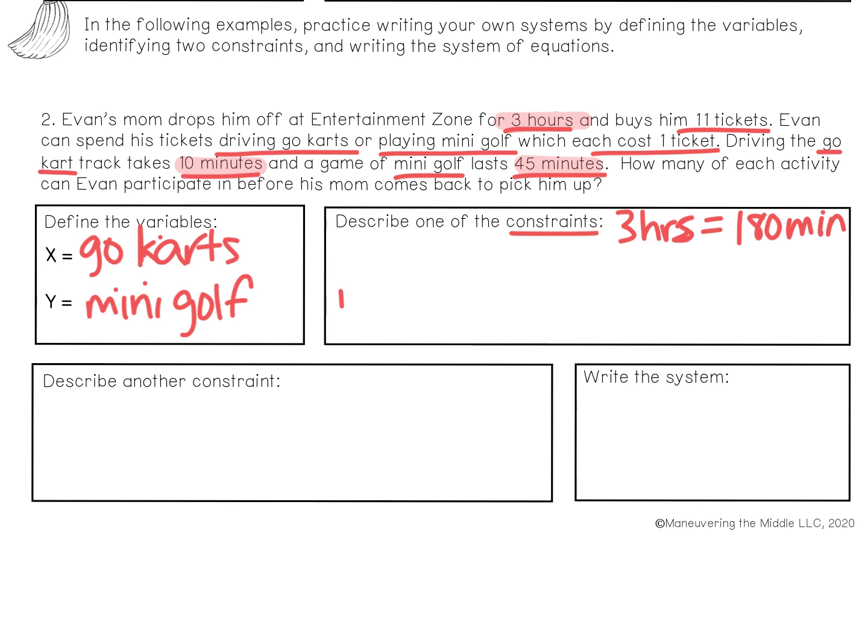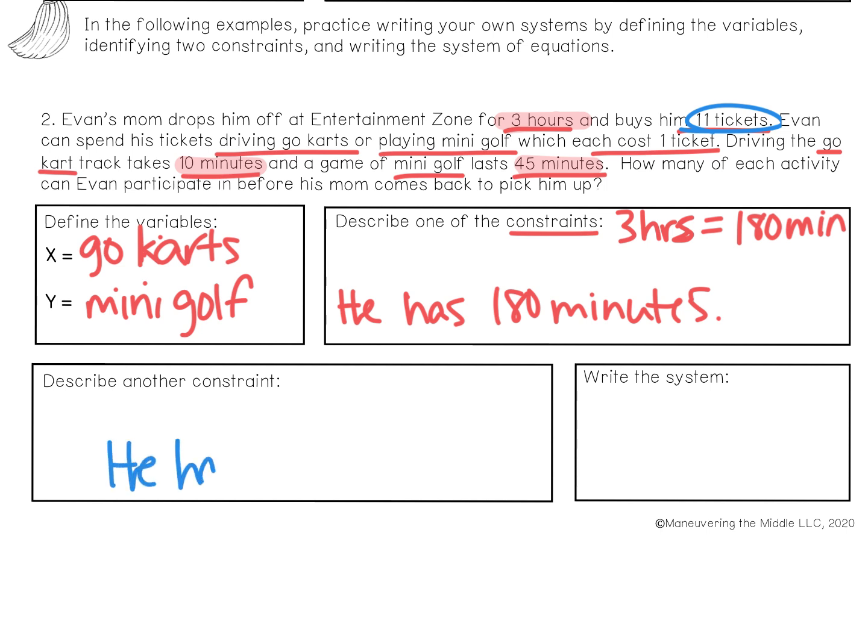So one of our constraints or conditions is he has 180 minutes to play whatever he's going to play. Our other constraint that we talked about was number of tickets. Okay, he only has 11 tickets.